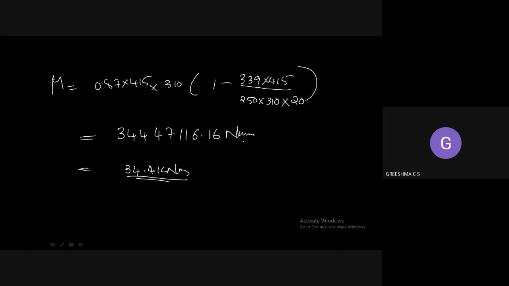To convert Newton mm to kilonewton meter, divide by 10 raised to 6. So if you divide this value by 10 raised to 6, you will get the value in kilonewton meter. Okay, so that's the moment of resistance.